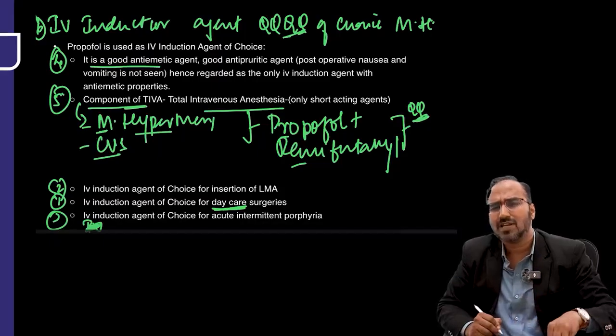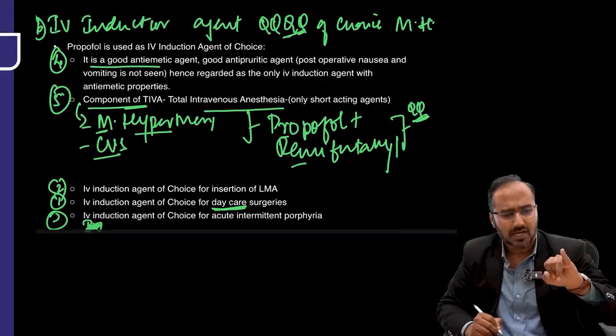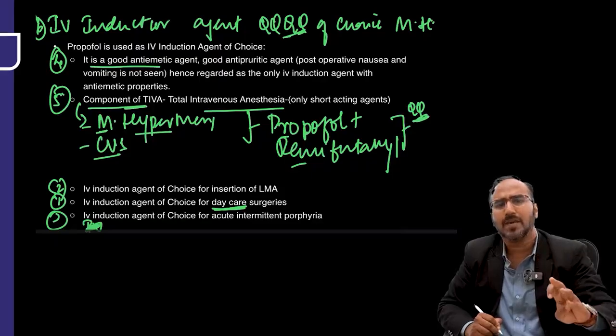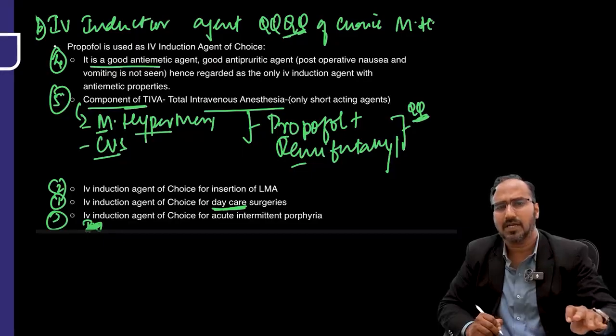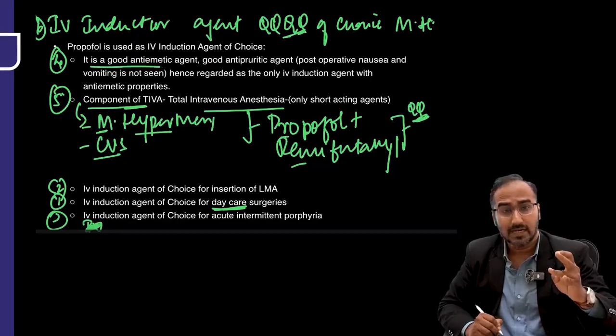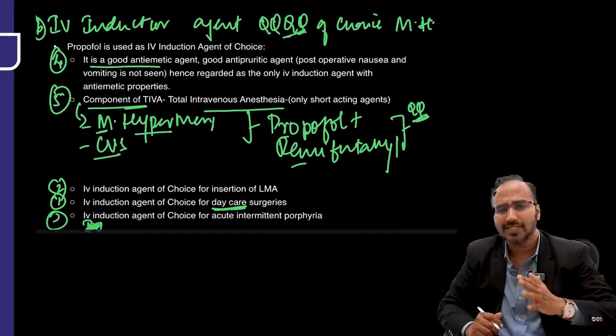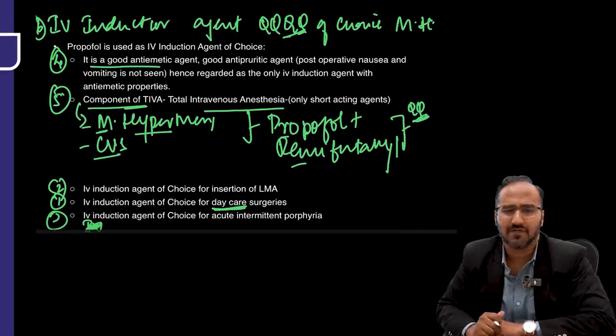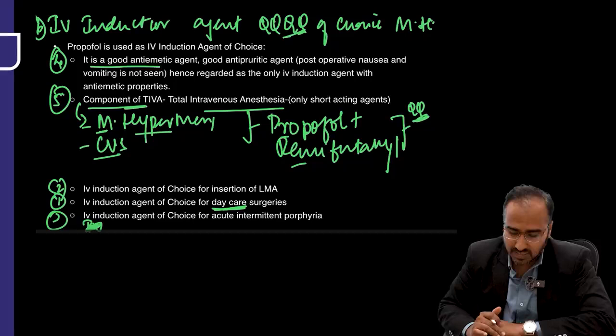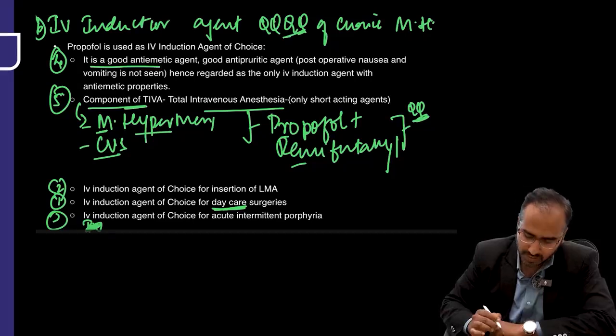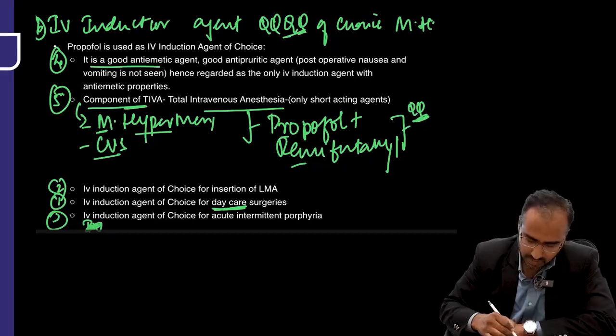Always remember propofol is the favorite IV induction agent for the anesthetist: daycare surgery, LMA insertion, TIVA, antiemetic property, malignant hyperthermia, liver surgeries. In all these conditions propofol can be used safely. These points are very, very important regarding propofol.